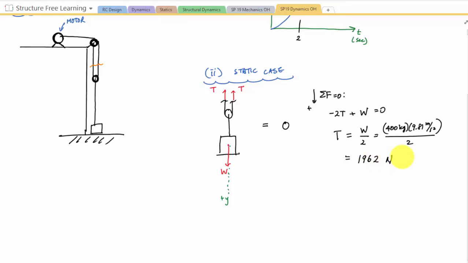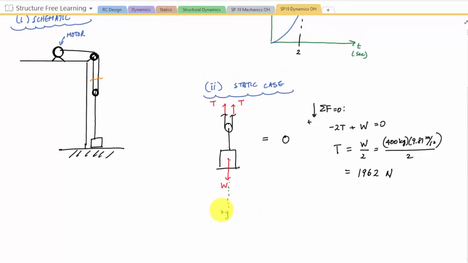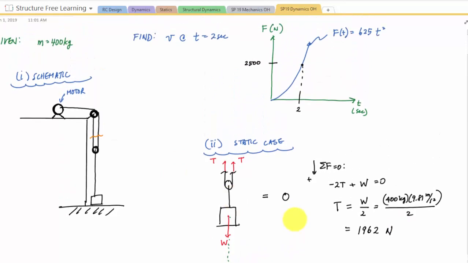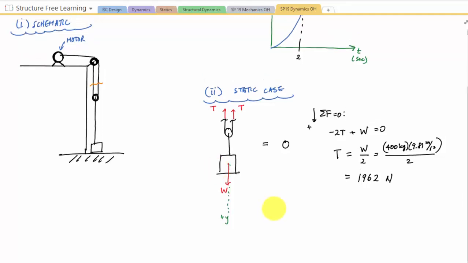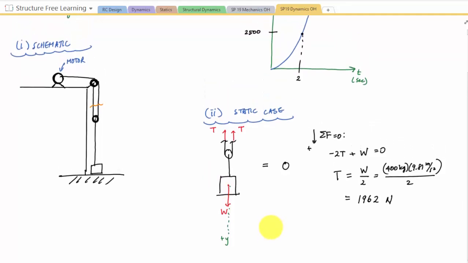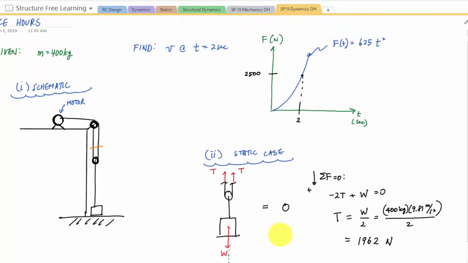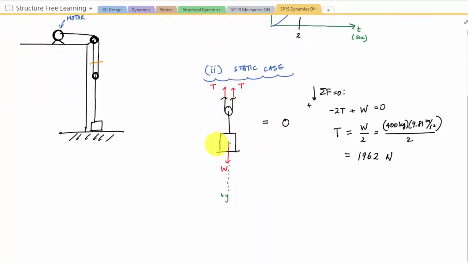So 1,962 newtons is the force that I need in the cable, and that looks good. I think that's it. I get this problem now.